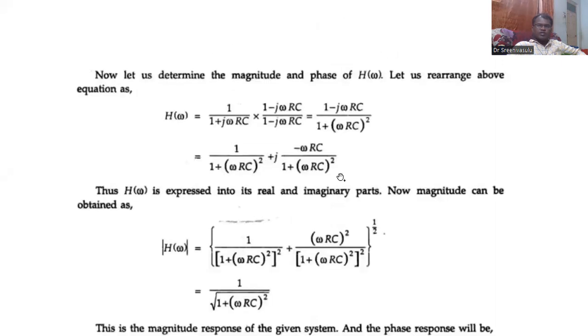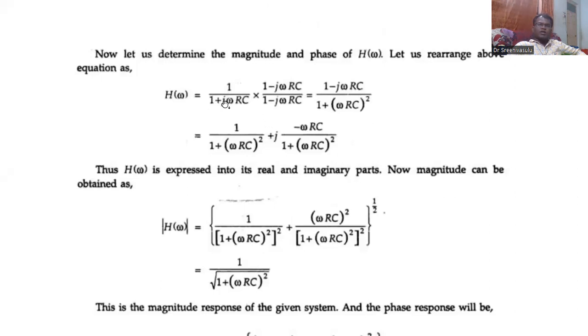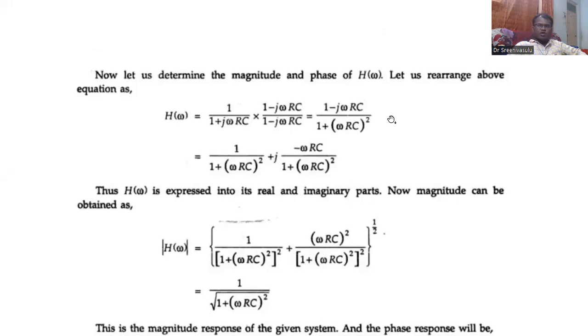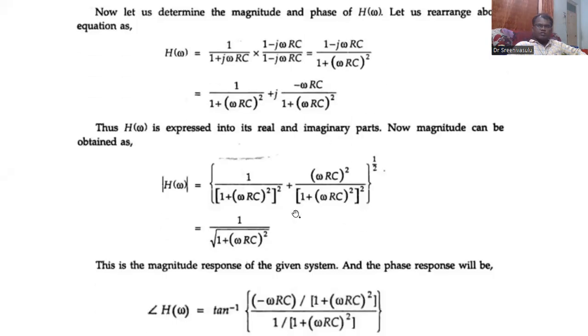The real value is 1, and the imaginary part is omega into RC. Here it is somewhat complicated analysis as done, but this is not necessary. You can simply take the magnitude of this, and you will get 1 divided by the root of 1 plus omega RC whole square.